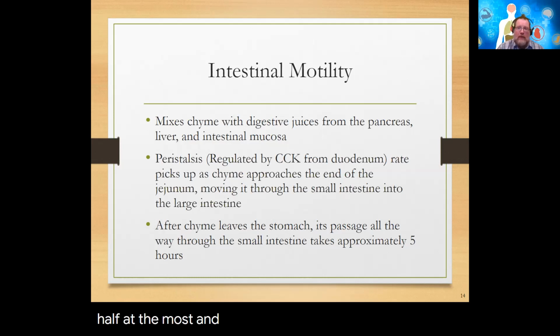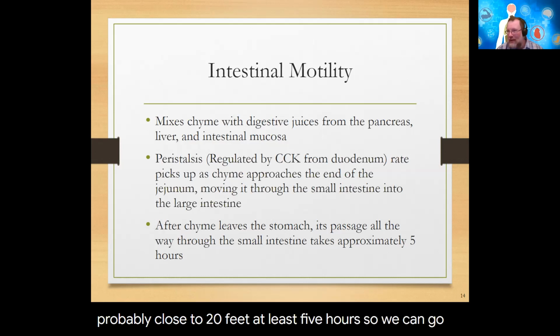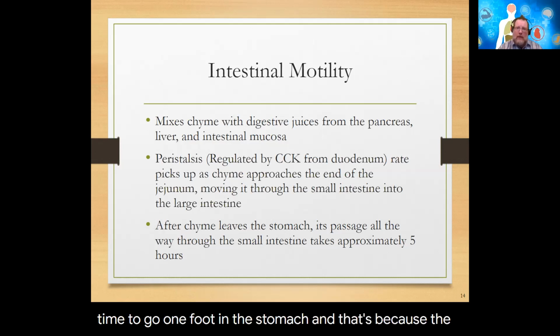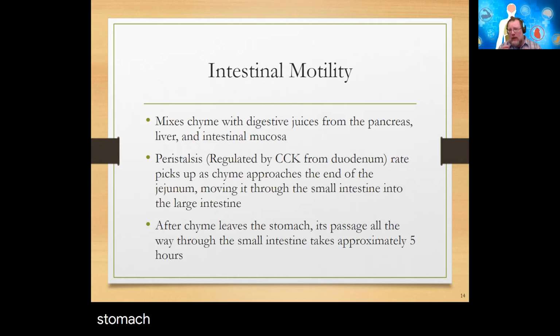And the small intestines, we're talking probably close to 20 feet at least. So we can go 20 feet in 5 hours through the small intestines. It takes us 2 to 6 hours, so roughly the same amount of time, to go 1 foot in the stomach. And that's because the stomach is doing a lot of work forming this chyme.